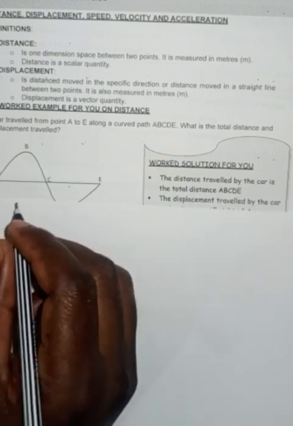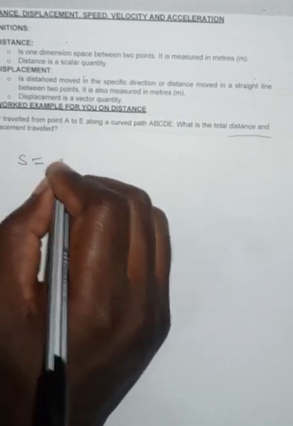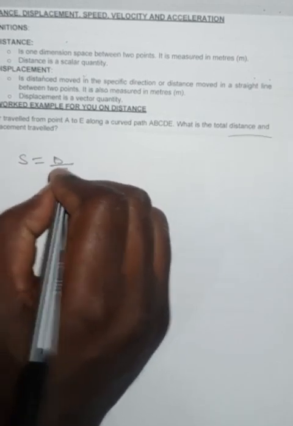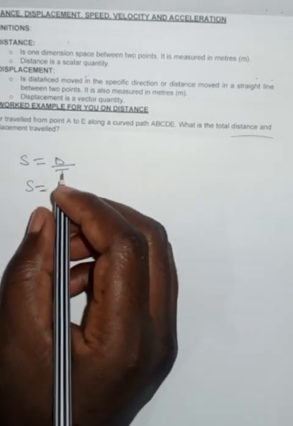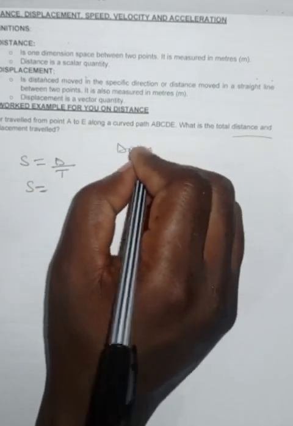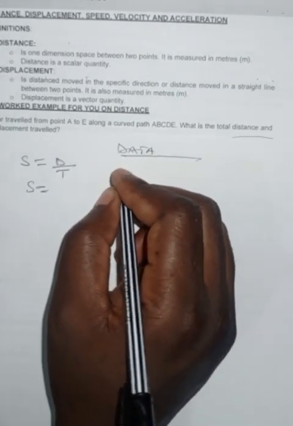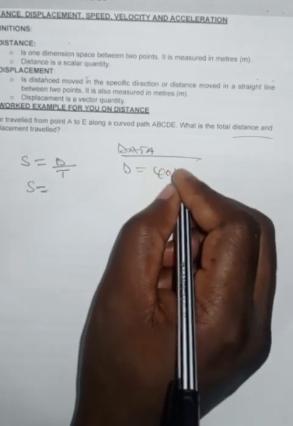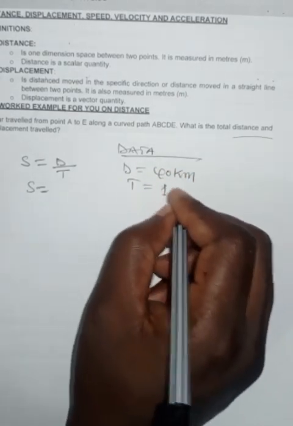Now we're saying that speed is equal to distance over time taken. According to the data given here, distance is 40 kilometers, and time is given as 1 hour.